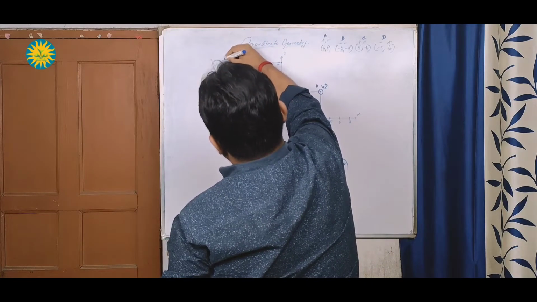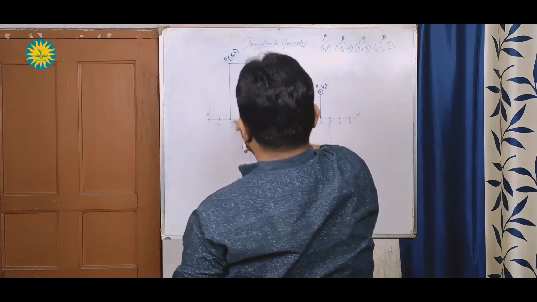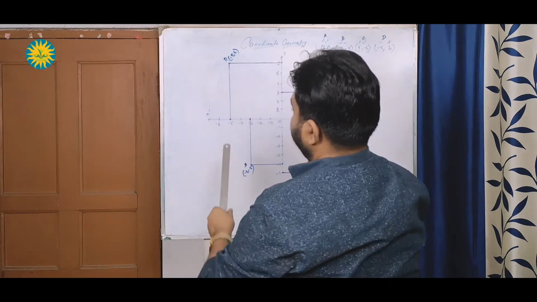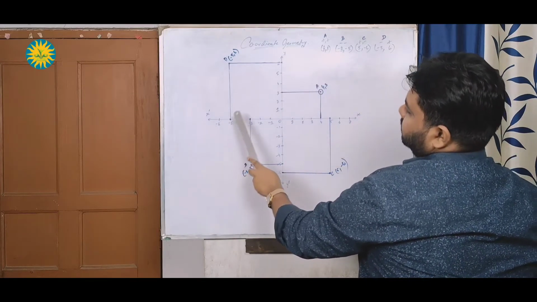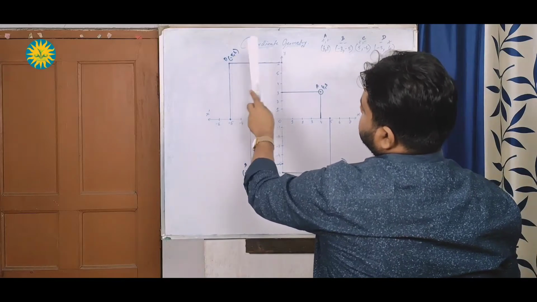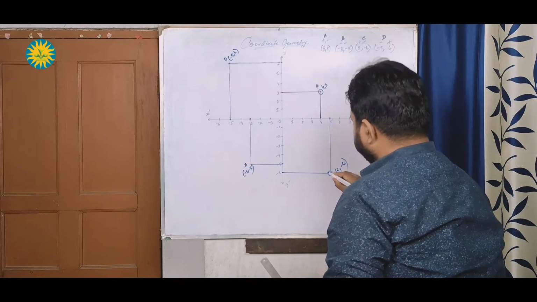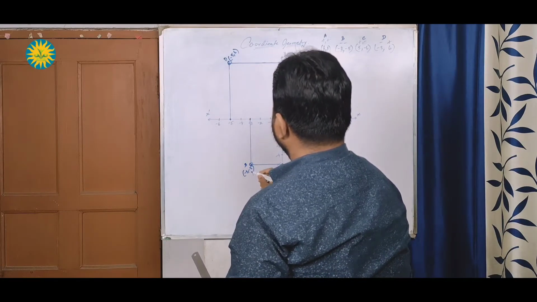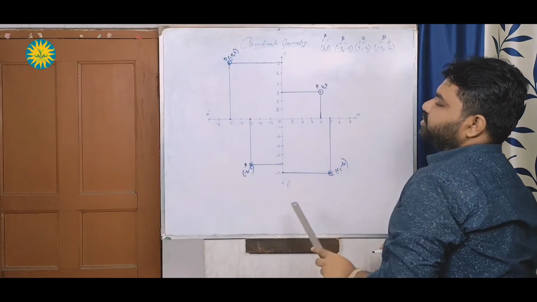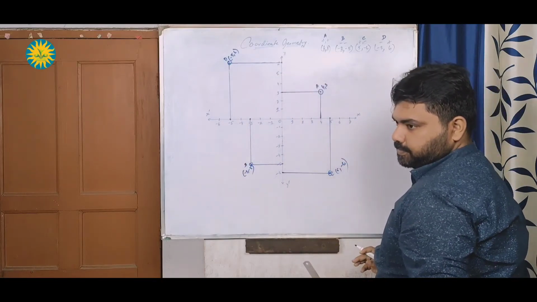So this is our point D, that is -5 comma 6. First we have taken the x coordinate -5 and the y coordinate, that is 6. So this is how we locate a point in a two-dimensional plane or the quadrant system.